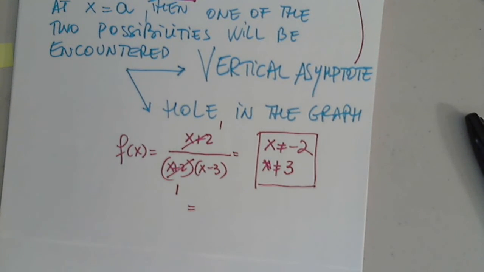Okay, so then Lindsay, what is the simplified form? It would be 1 over x minus 3.